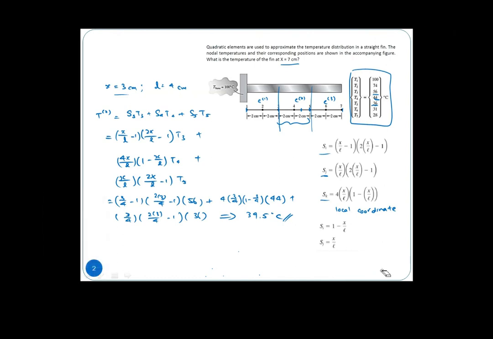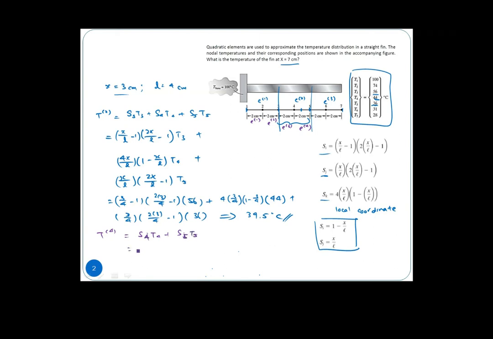Now if you use linear elements to predict, using the linear shape functions, this would be element number 1, element number 2, element number 3, element number 4. So if linear, it will be element number 4, with T equals S4 T4 plus S5 T5.